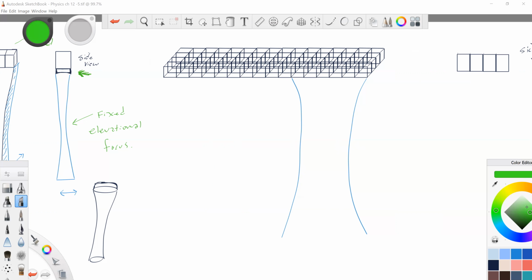So now when we create our elevational, now that's just going to bother me. I should have used.